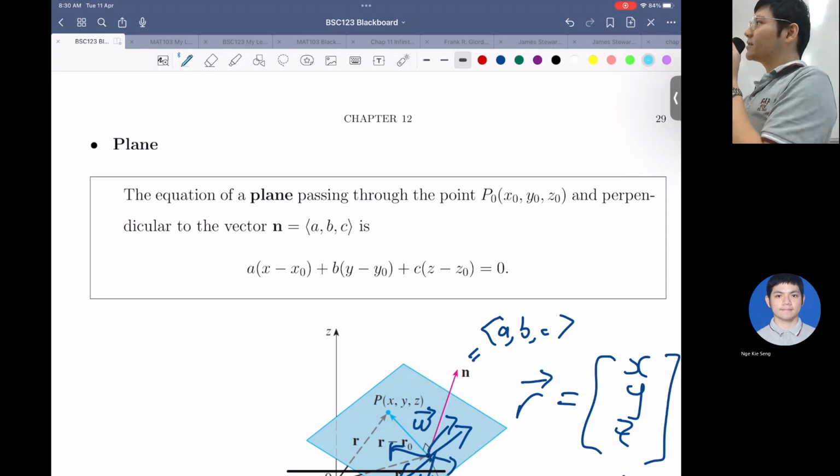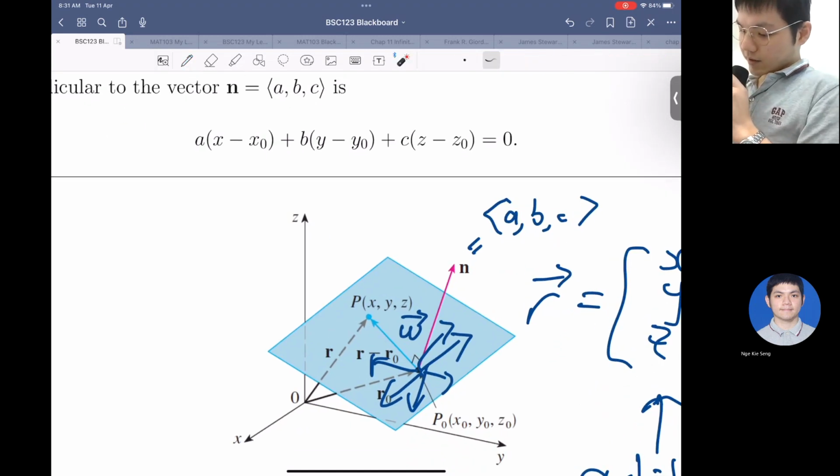So why is there a plus and multiplication here? Because we are considering the dot product between the normal vector and a vector on the plane.